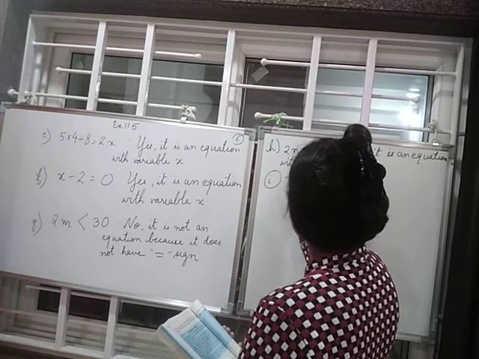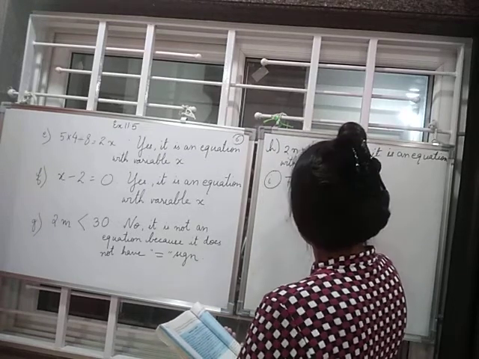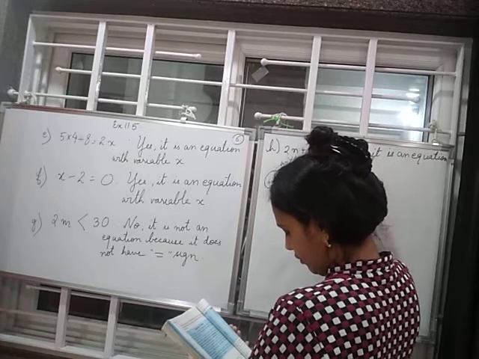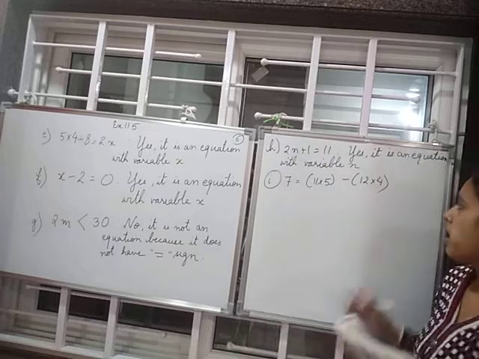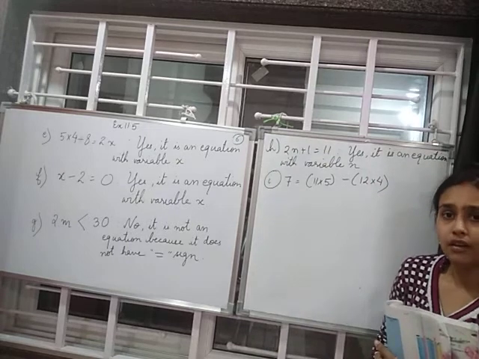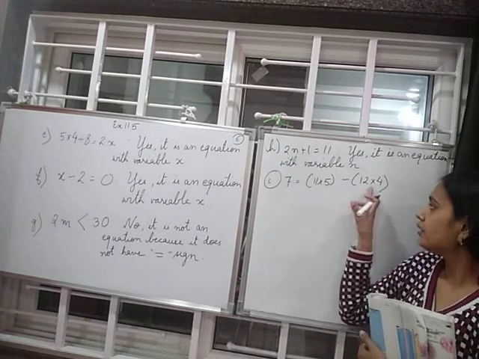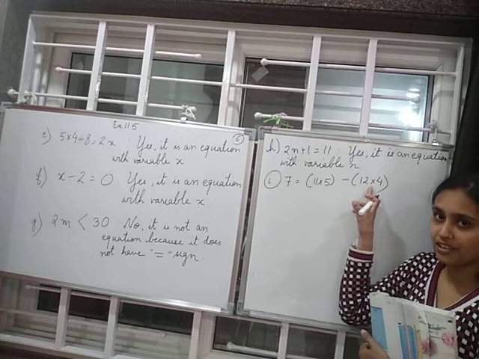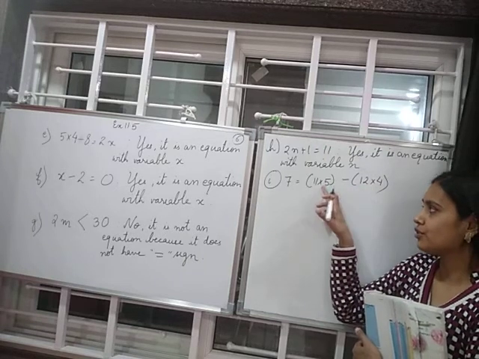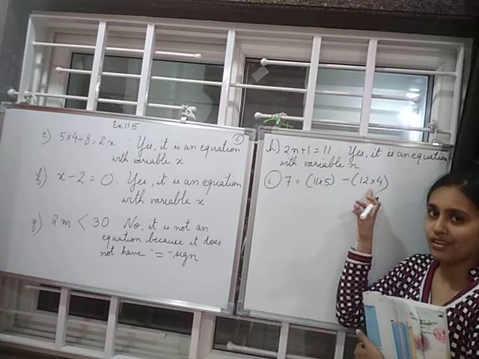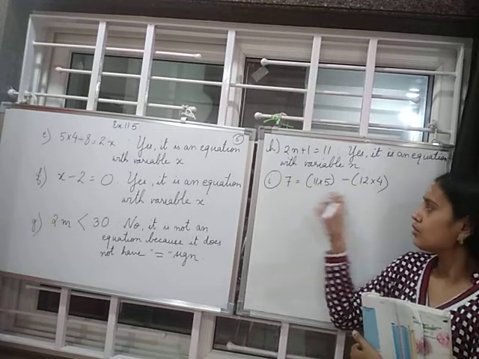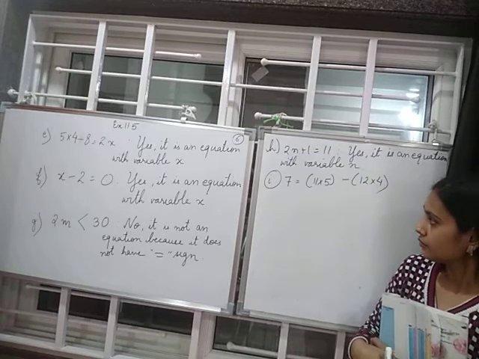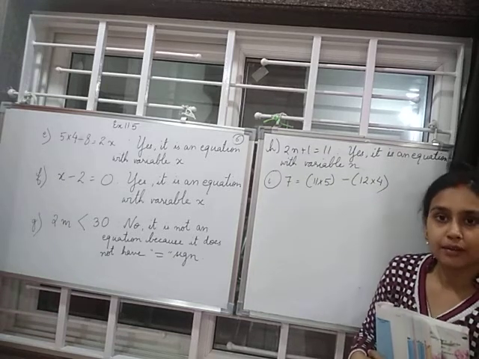I. 7 is equal to 11 into 5 minus 12 into 4. Any variable? No. This is not a variable. These are multiplication signs, children. Okay, because sometimes we get confused also. X? It looks like x, but it's a multiplication sign. So here no variable.